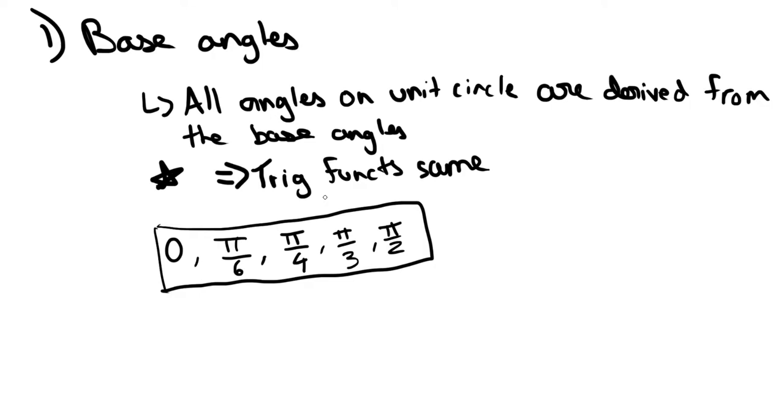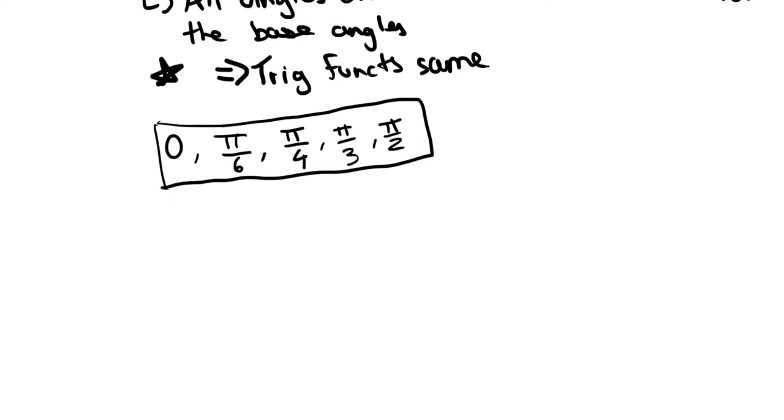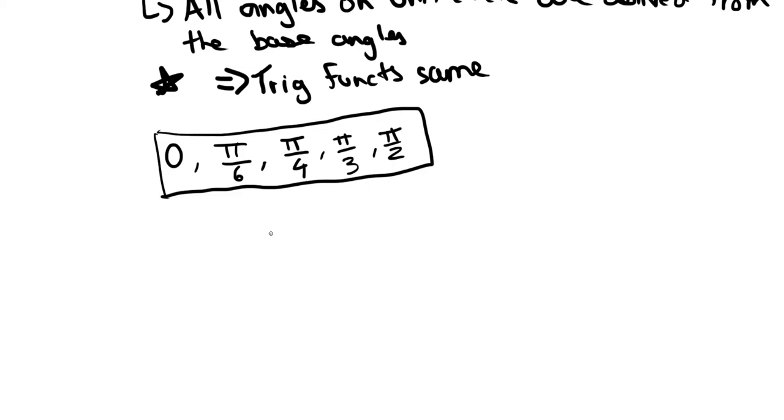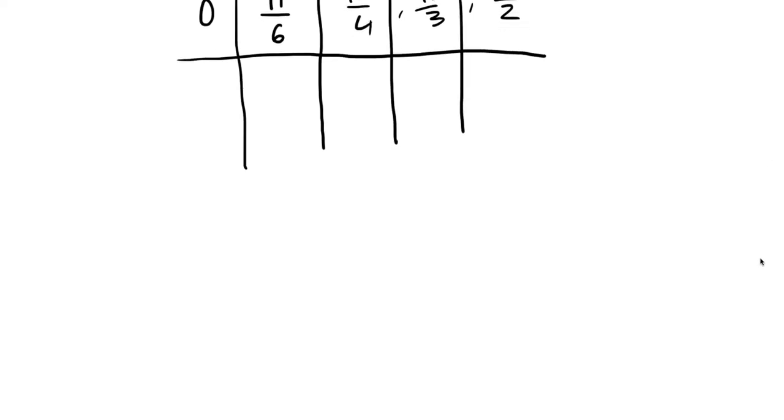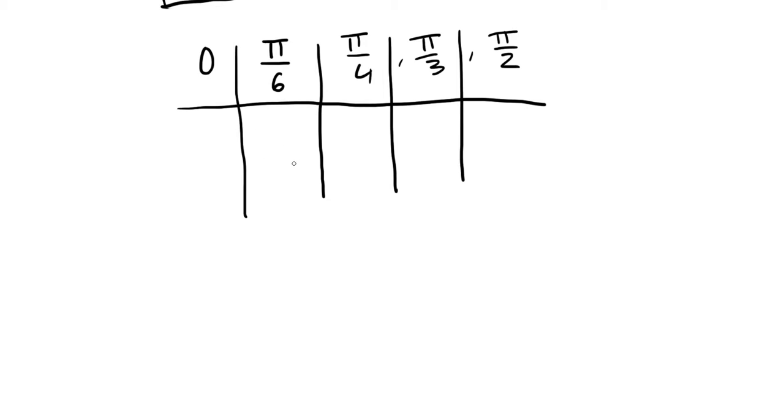Alright, so let's just go over the trig functions for these. Pi over 6, 0, I'm going to put them in a little table here, so I don't run out of space.